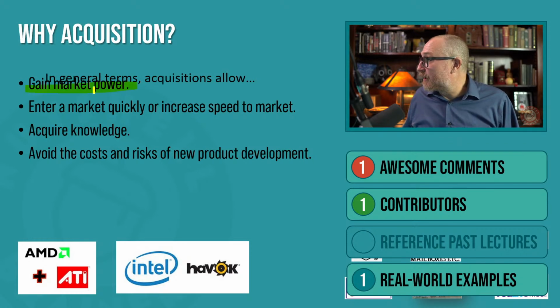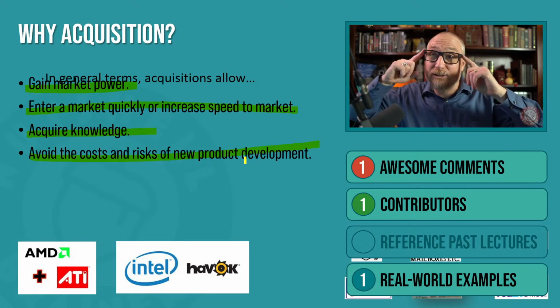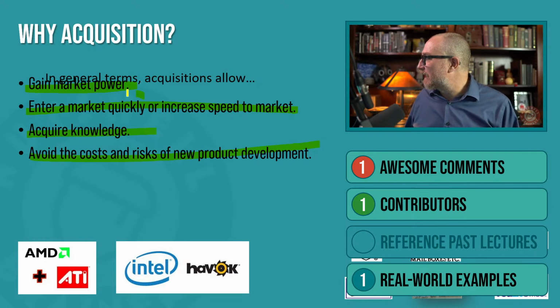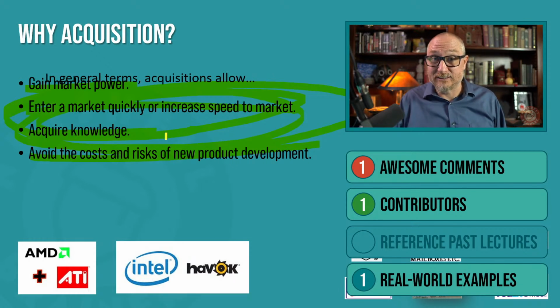It's a great way to gain market value right away, get into a market quickly, acquire knowledge, and avoid the cost of producing new products. So that's why a lot of tech companies and big companies do this kind of acquisition, because it allows them to get into the market really, really fast.